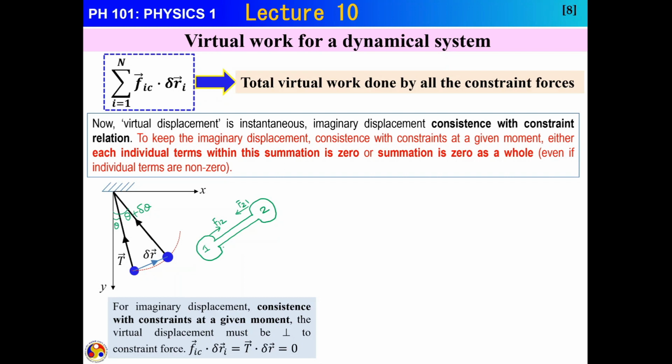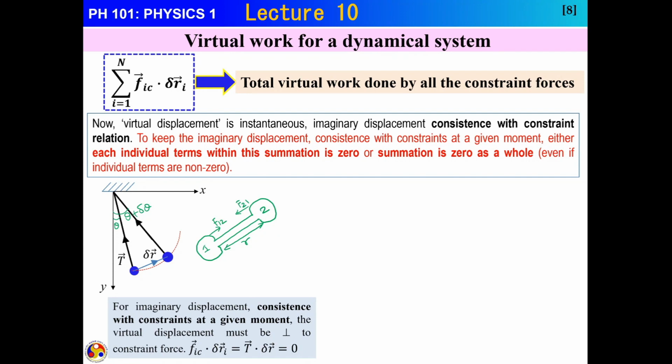Now these are fixed by a constant length of the rod, which is r. So these equal and opposite forces working on this produce a virtual work done that should always be 0.